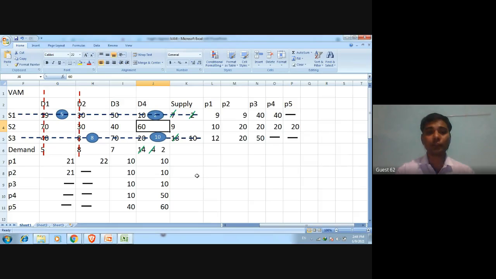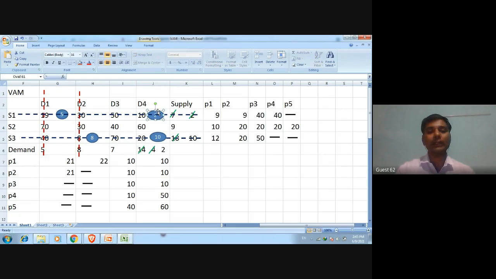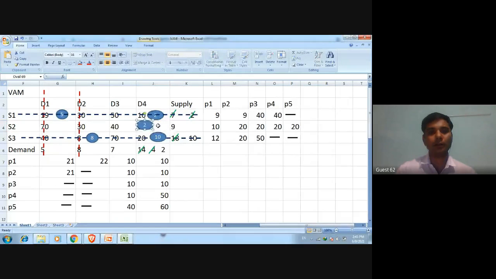Plant S2 has supply of 9 units, but the requirement of dealer D4 is 2 units. So he will get 2 units from plant S2. I am allocating these 2 units to D4.